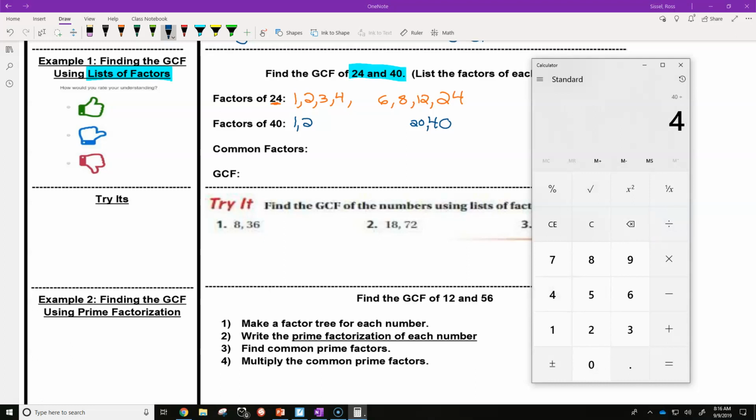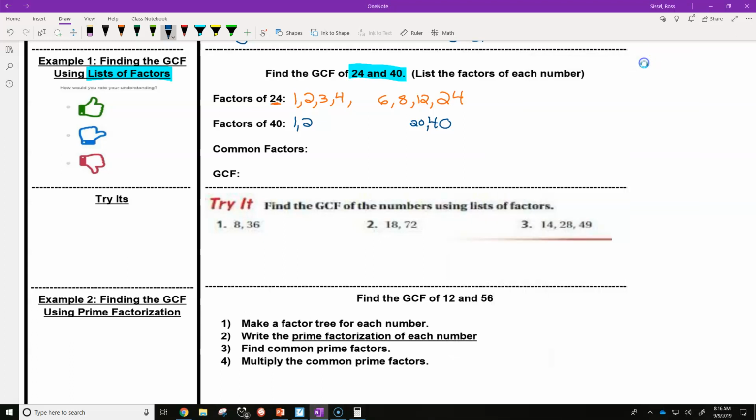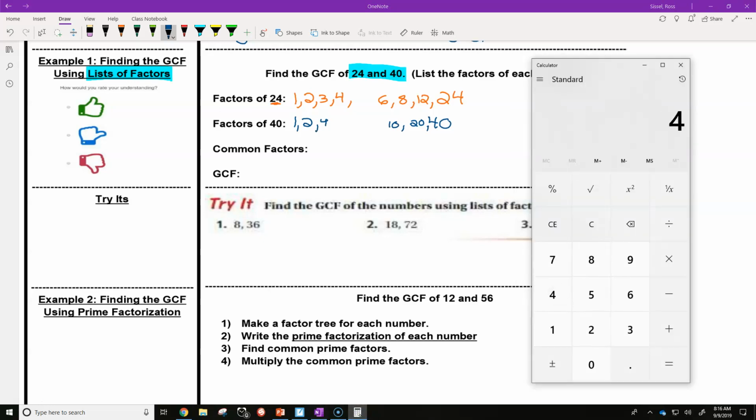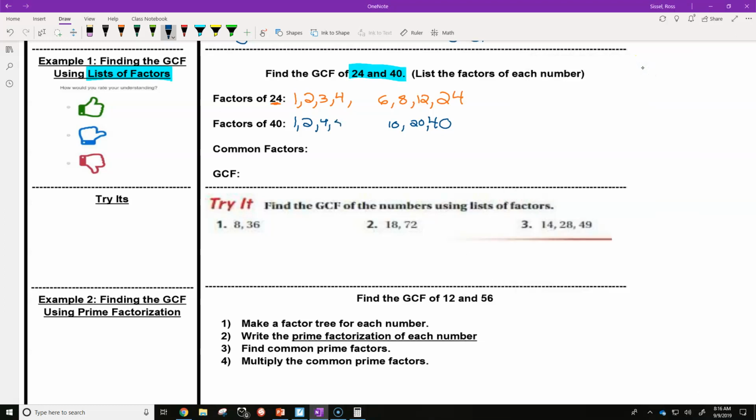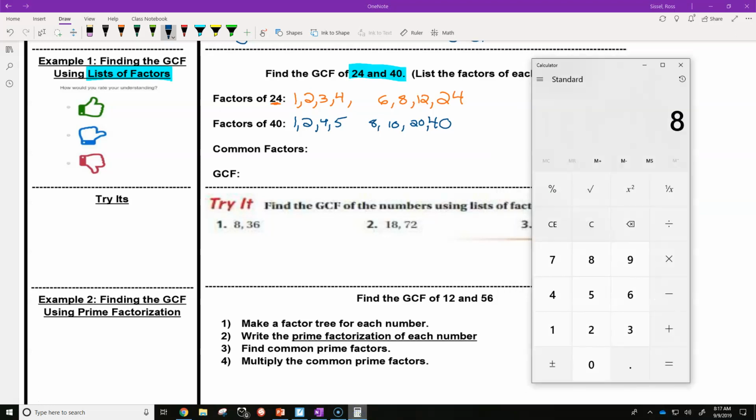I know a lot of you know it, but a few of us might be a little confused, so I'm just making sure. 4 goes with 10. After 4, we check the number 5. 5 pairs up with 8. After 5, we check 6. Decimal. No.